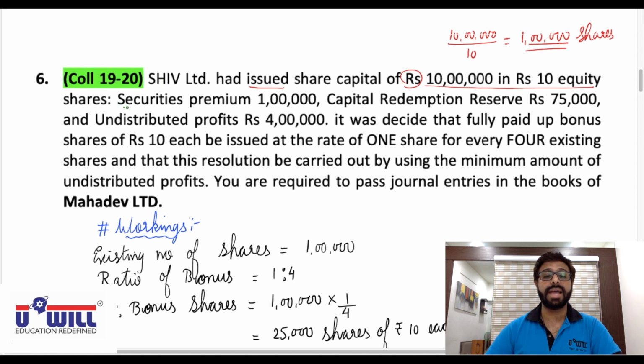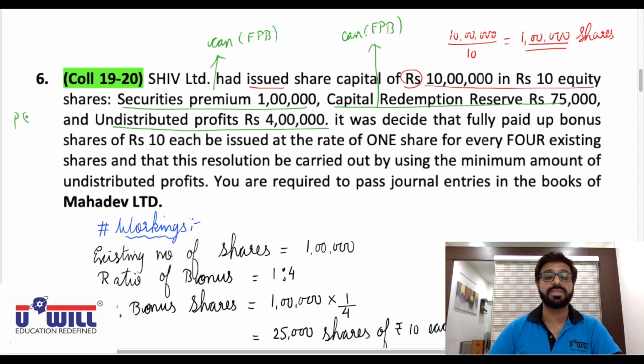Security premium can be utilized for fully paid up bonus shares. Capital redemption reserve can be utilized as a first priority for fully paid up bonus shares. And then undistributed profits can also be utilized.